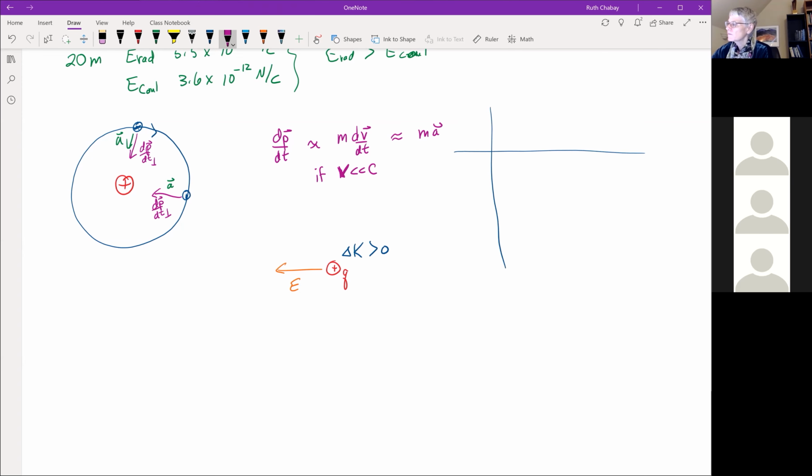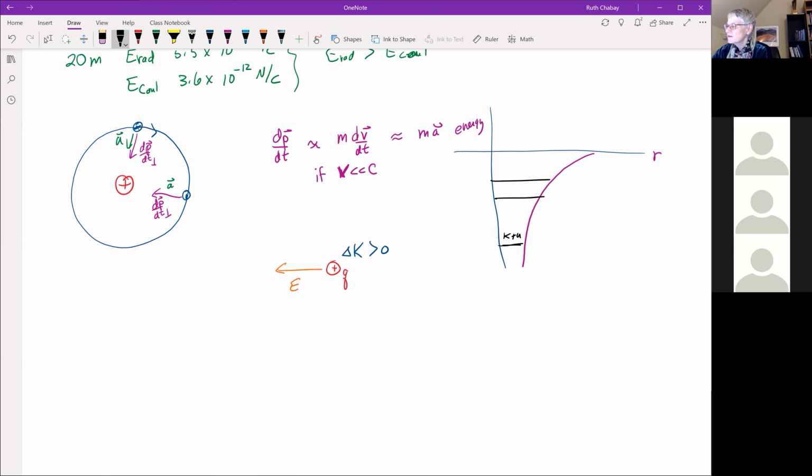So if this is our potential energy curve, this is energy, and this is distance, we found that there are only certain values of K plus U that a bound system, a small system, could have. So this is K plus U.